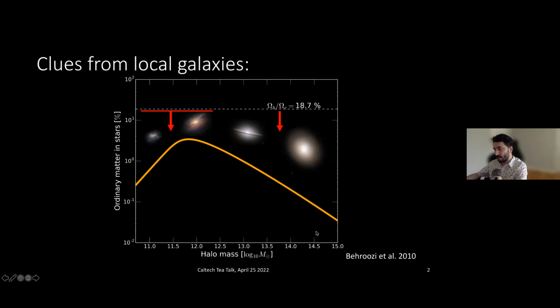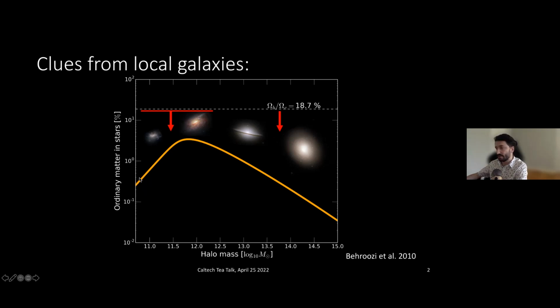That's this orange curve here, and it's plotted as a function of halo mass. And then if you look at what you would expect from just cosmology, this is the dashed curve over here at about 18.7%.